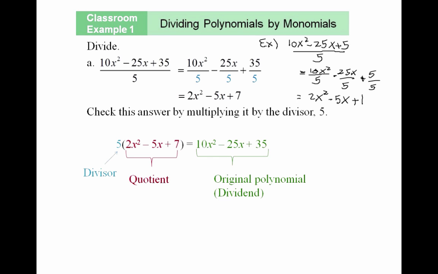So then we can check this answer by multiplying it by the divisor 5. If you look at this, what we are claiming is that 10x to the power of 2 minus 25x plus 35 over 5 is equal to 2x squared minus 5x plus 7 over 1, really, right?